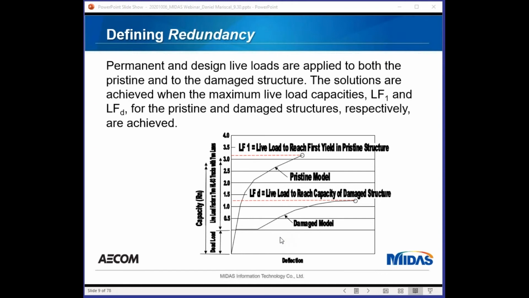In this case, once it's damaged, the deflection grows a little bit faster than in the pristine model, and it could only hold a little bit over 1 time the live load. This is just a graph that shows how to measure the capacity of a structure.